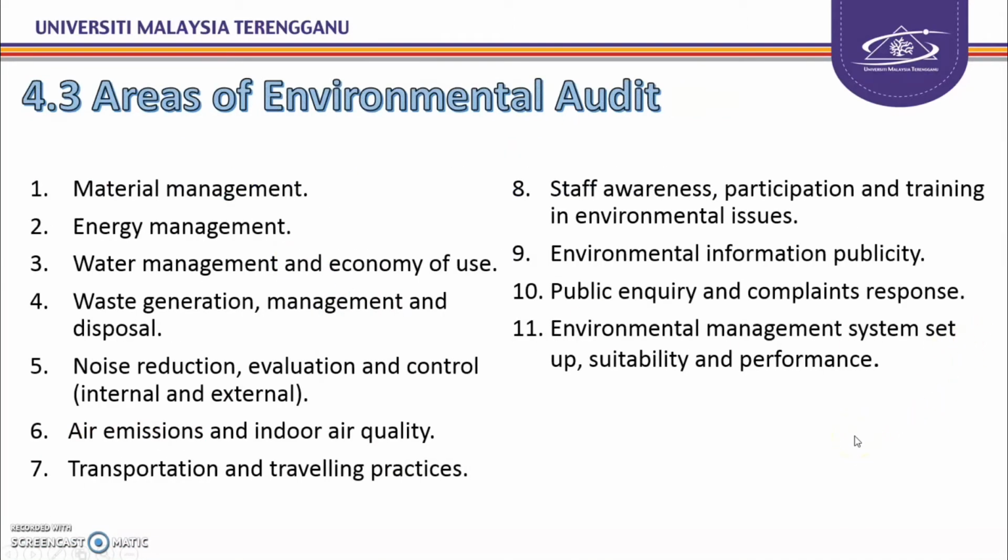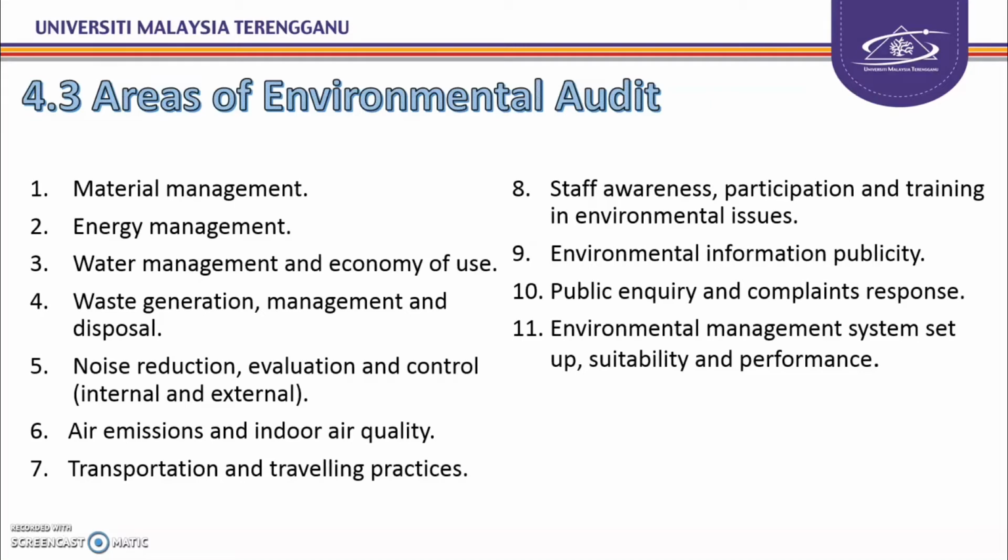Okay, what areas can we conduct environmental audits on? It is actually a holistic approach to environmental audit. I listed here 11 areas that contribute to the environmental audit. They are material management, energy management, water management and economy of use, waste generation, management and disposal. These are all the environmental elements.